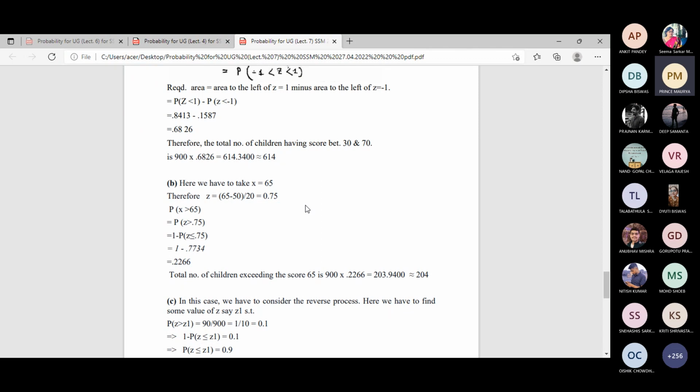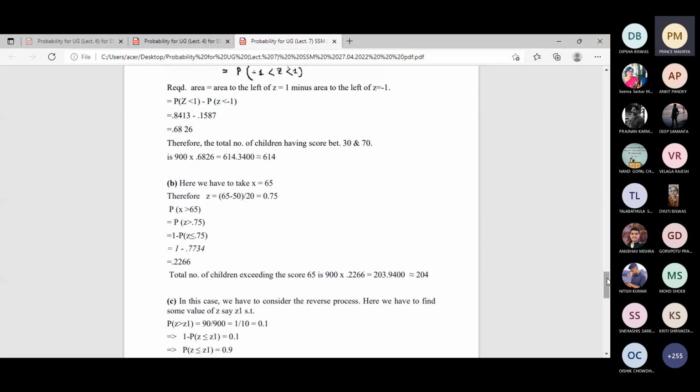Area is 0.8997. Okay, let me check. Yes, 0.8997. And this corresponds to which Z value? 1.28. Absolutely, 1.28.